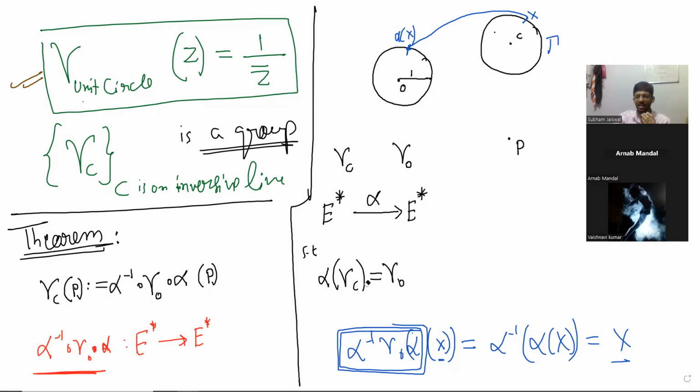Oh, I see, that's what I wrote wrong here. I'm sorry, this is the unit circle. That's what I had in mind. So this X goes to the unit circle, and now you apply gamma naught, so it will remain fixed. That's what I discussed earlier. And then you apply alpha inverse, so it will just send it back.